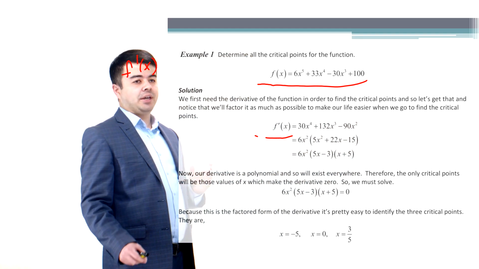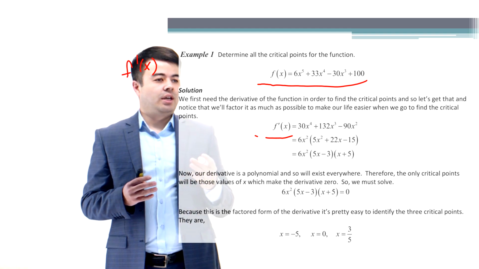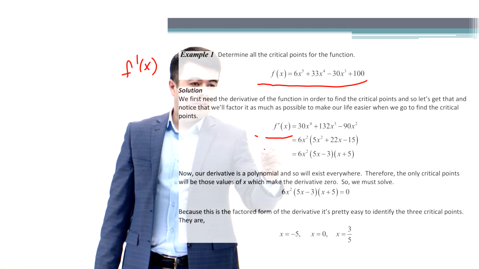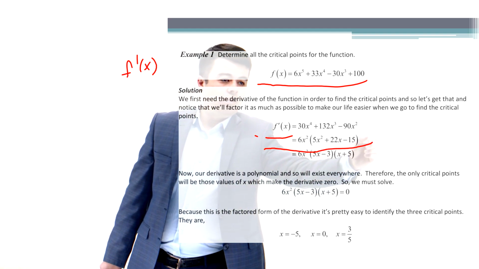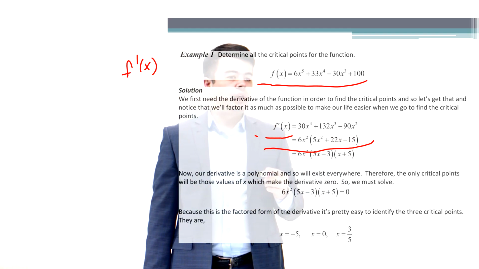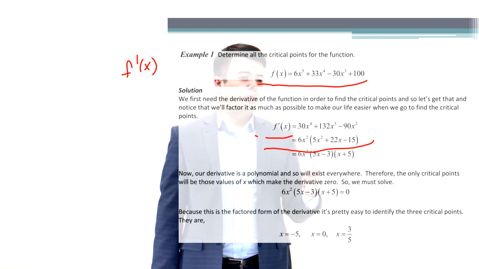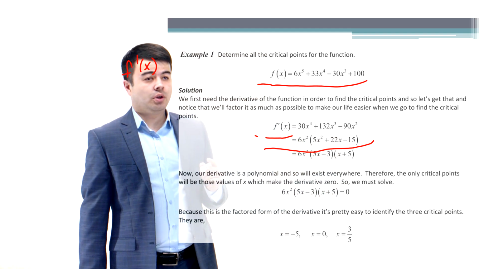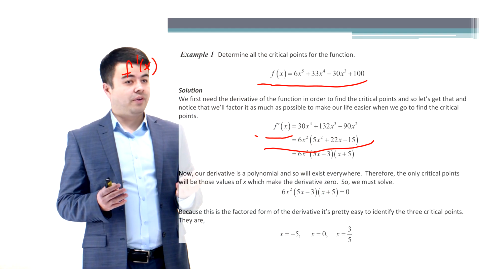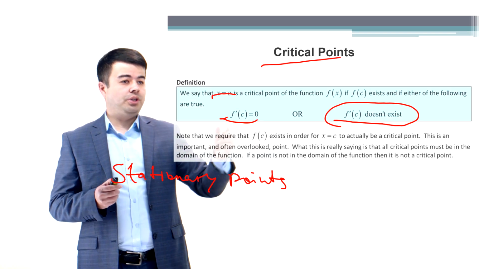In this case, we need to just factorize by x, and then we get the next expression. After factorizing, we get 6x squared multiplied by (5x squared plus 22x minus 15). Now, to find critical points, by the previous definition, we need to find what?